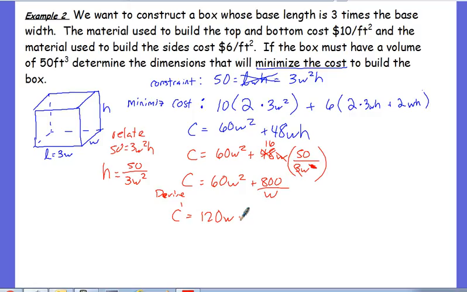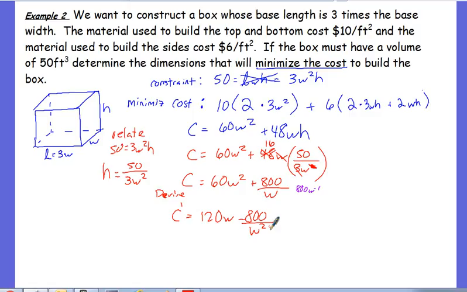You can do the quotient if you want to do the long way. Remember, we can think of this as 800W to the negative 1 power. Remember doing that? Right? So what's going to happen? Negative 800. And then it would become W to the negative 2. But then that means it's W squared on the bottom. Y'all with me on that one?